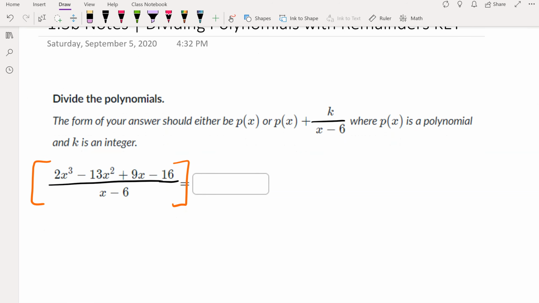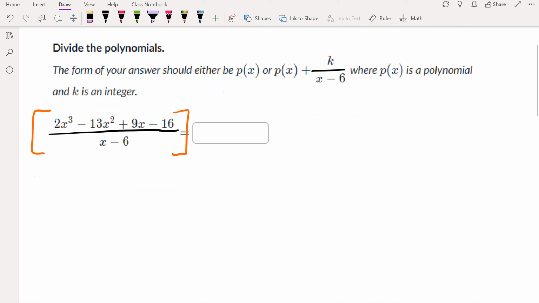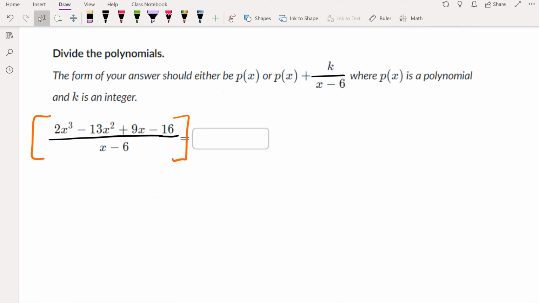The form of your answer should either be p of x or p of x plus k over x minus 6, where p of x is a polynomial and k is an integer. Okay, so I think that the thing that looks the most scary about this problem is this thing.